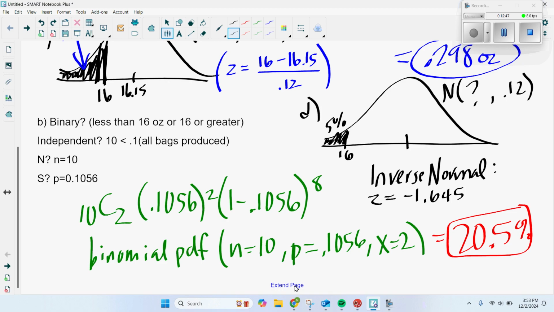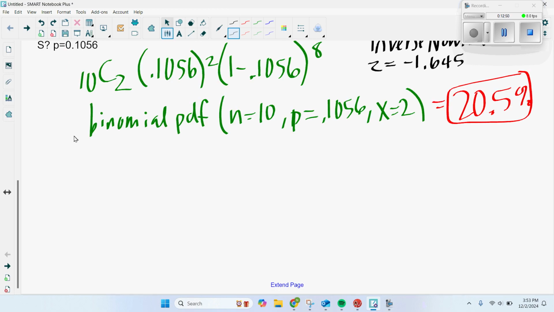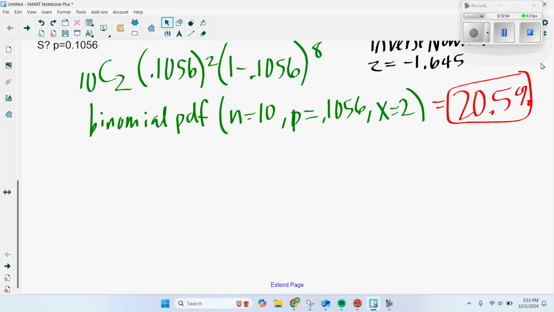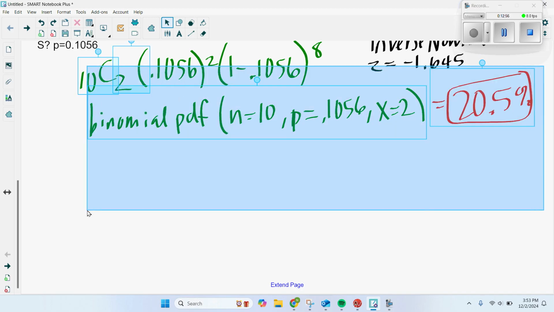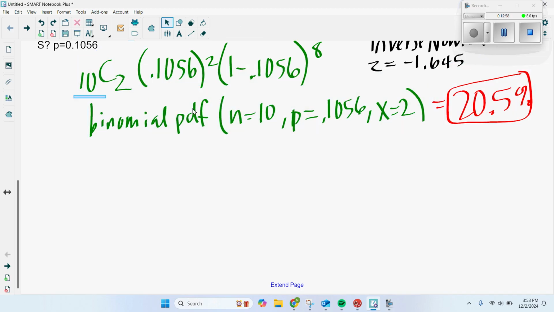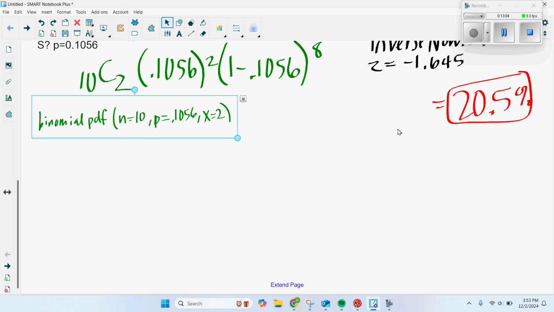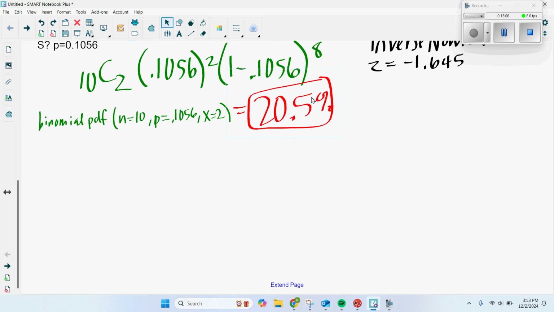I'm just going to make that smaller so we can move it off to the side. Okay.